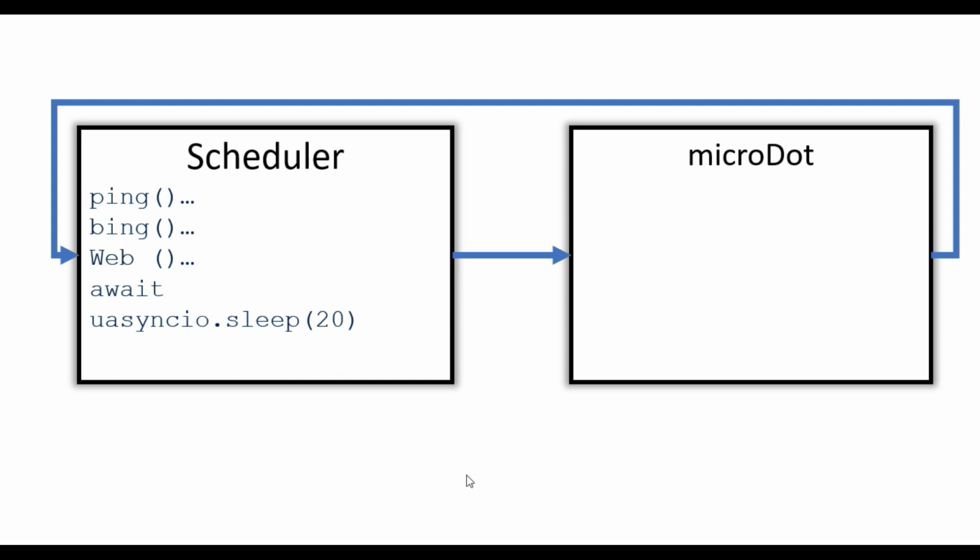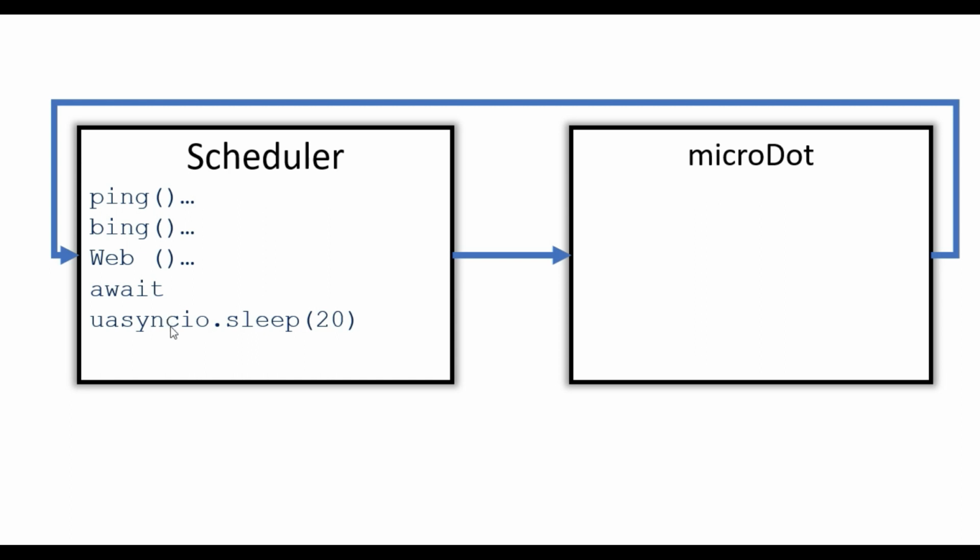But in this netProbe, what happens is microDot's processing and receiving web requests, and then the scheduler is doing the actual network tests, and that runs in the background. And what it does is run through a ping, a Bing, and a web test for a single host.